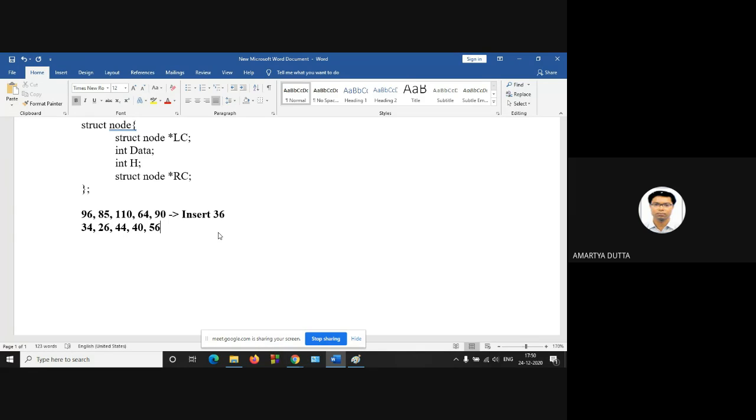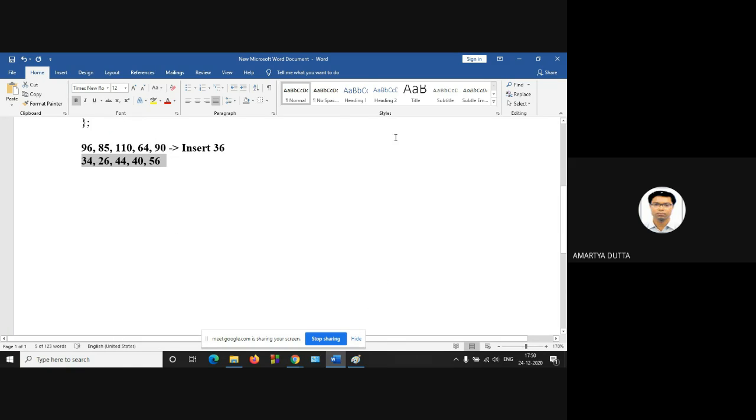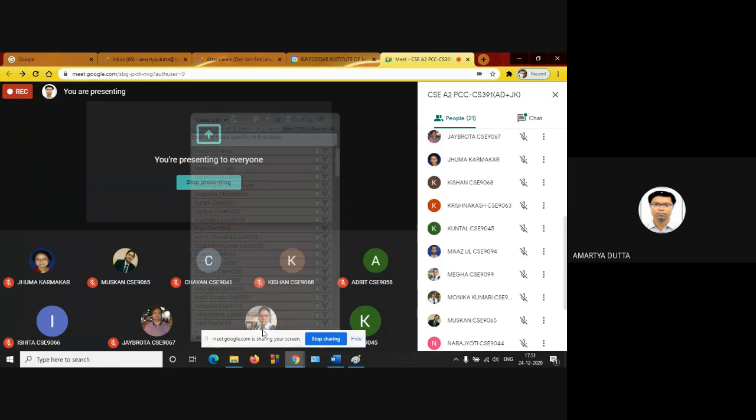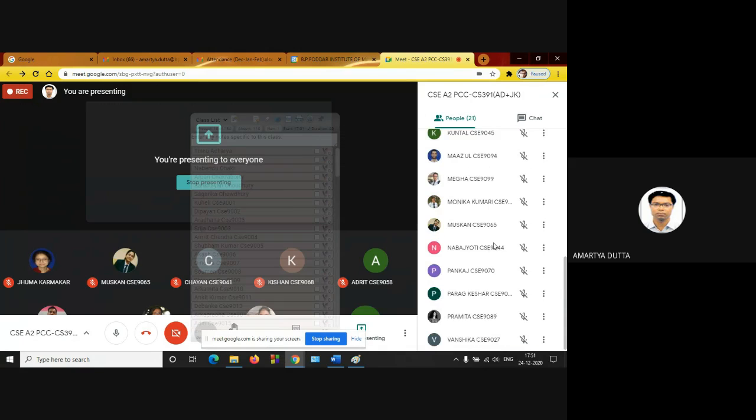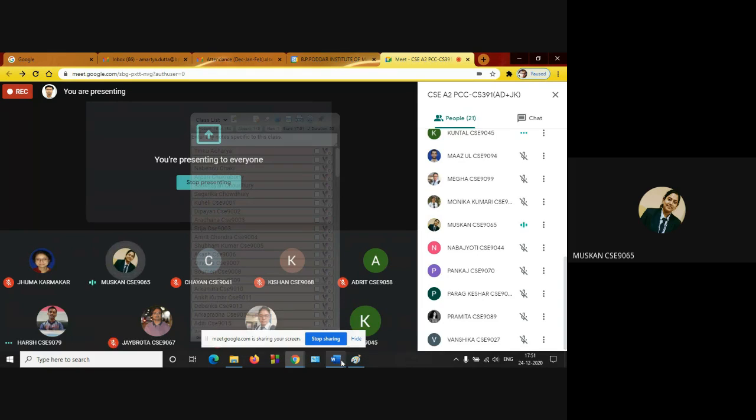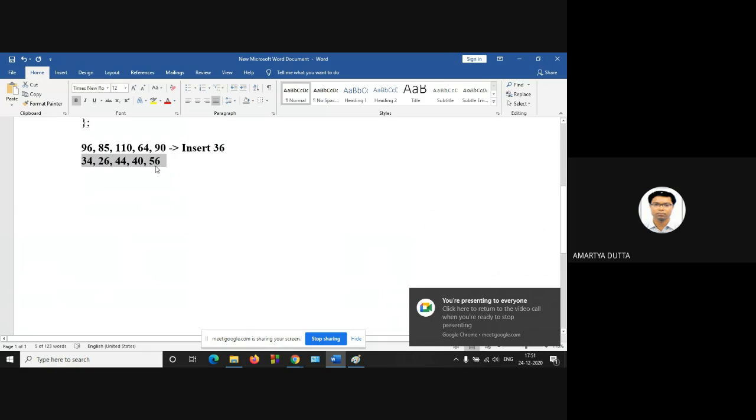Can you construct the tree using these nodes? Yes, sir. How to construct the tree using these nodes?